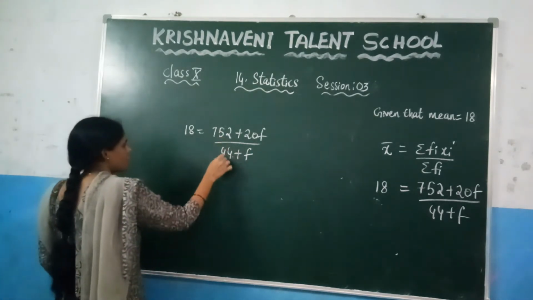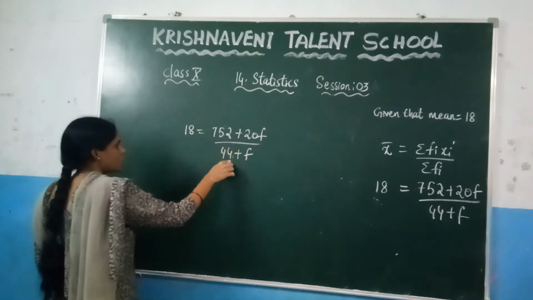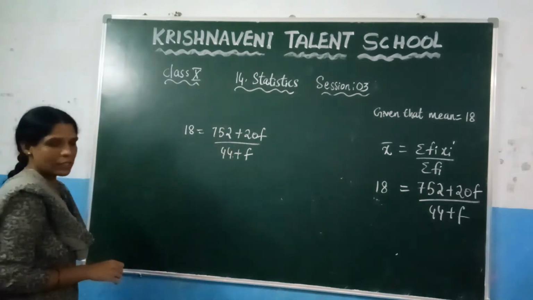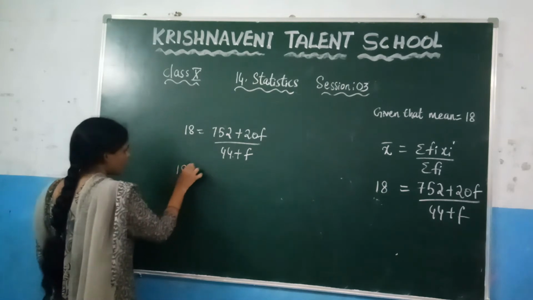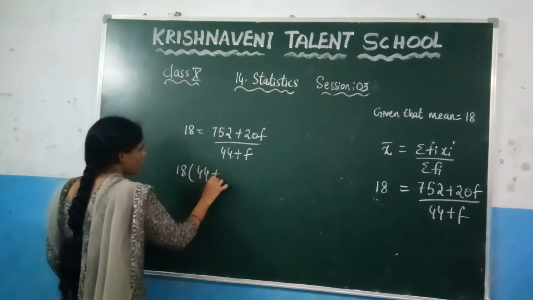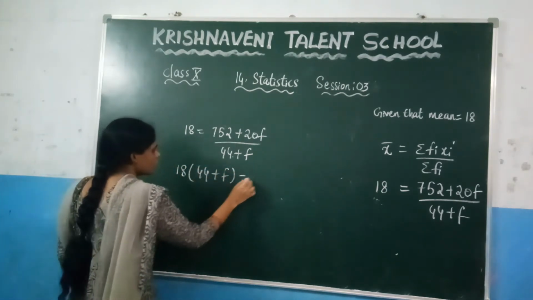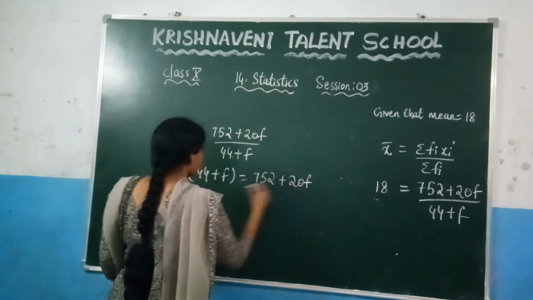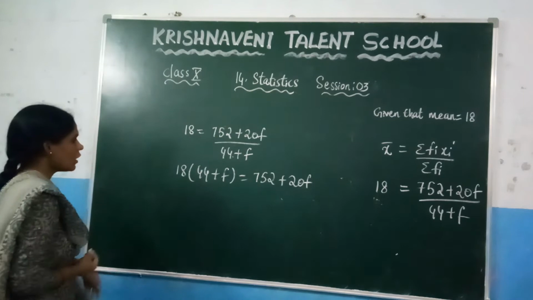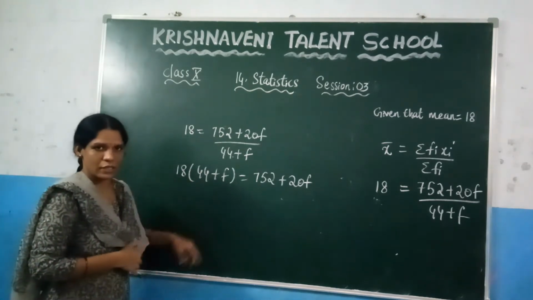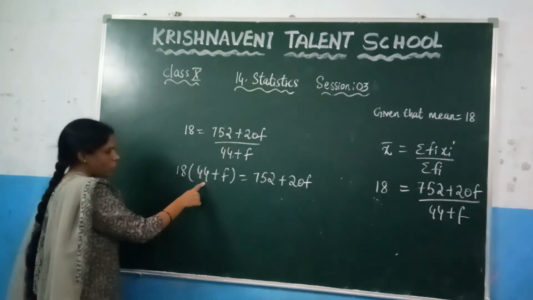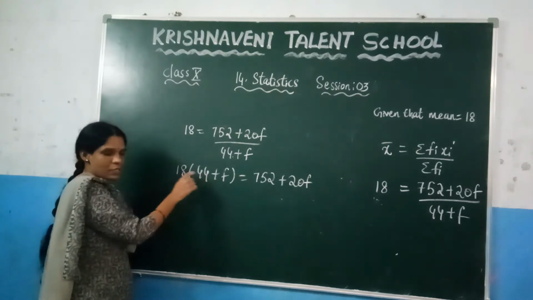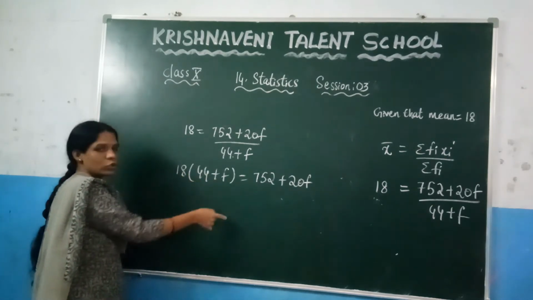Since we are dividing these two values, if you take this value to this side, it will become multiplication. You will get 18 into 44 plus f is equal to 752 plus 20f. Now what we need to do, just we need to multiply these two values here.